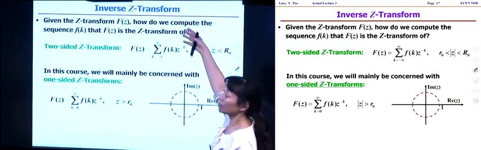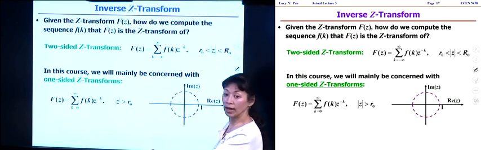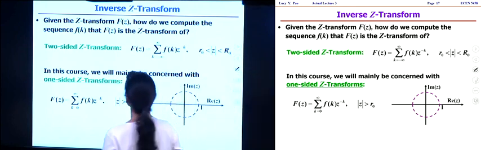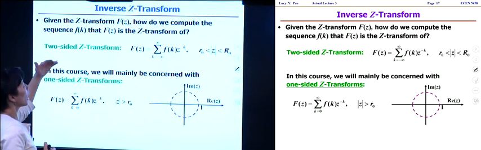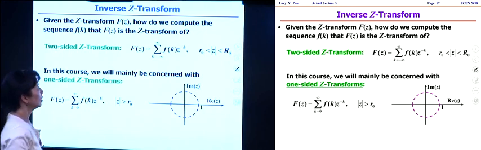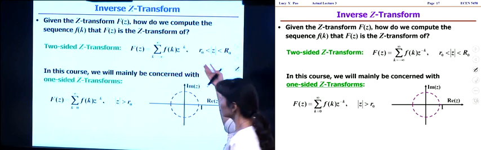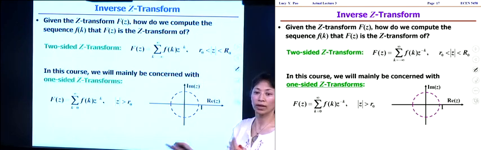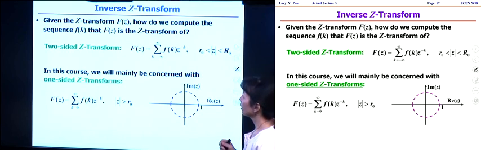Then you'll need to do an inverse z-transform to get at u of k to solve for the original difference equation. So how do we compute f of k given the z-transform? Right, so we've already said that fundamentally you should specify the region of convergence so that you get a unique answer to that inverse z-transform.